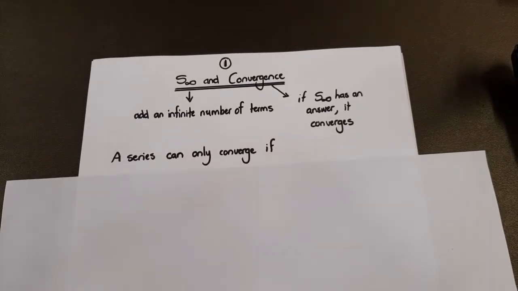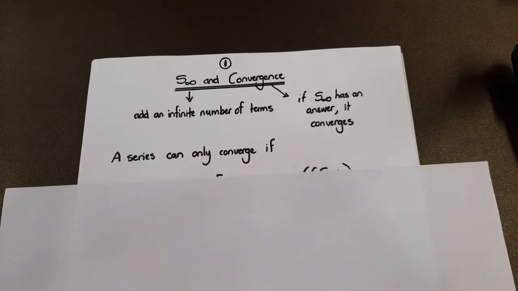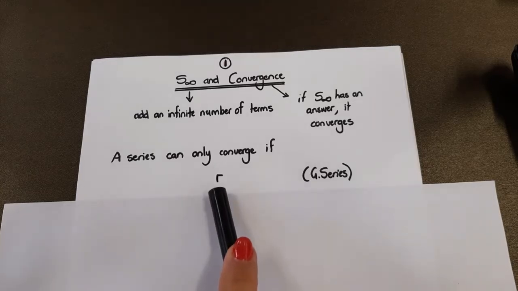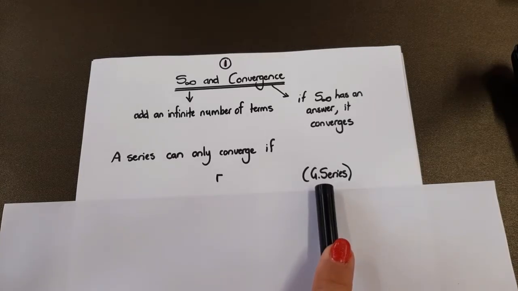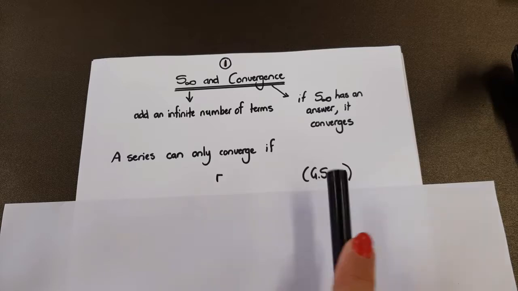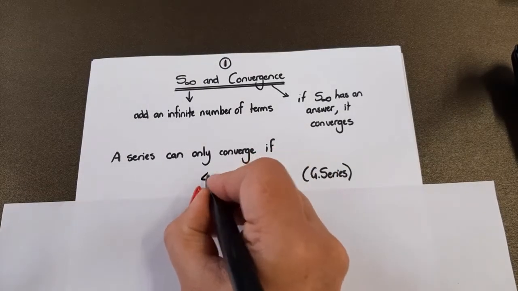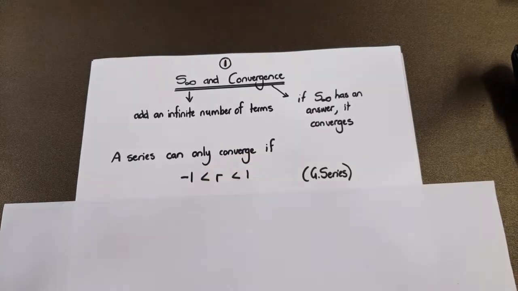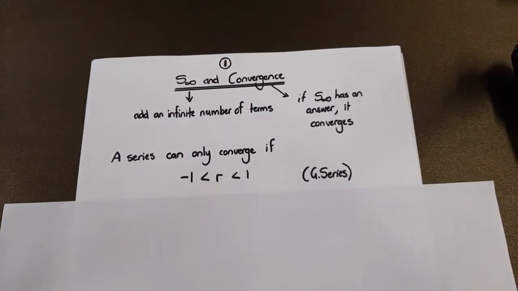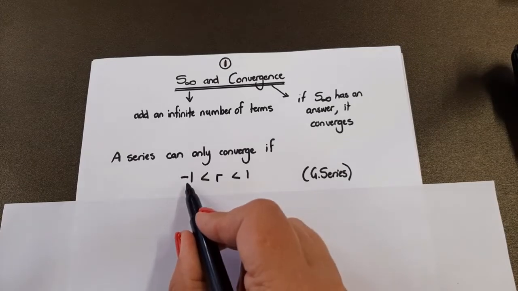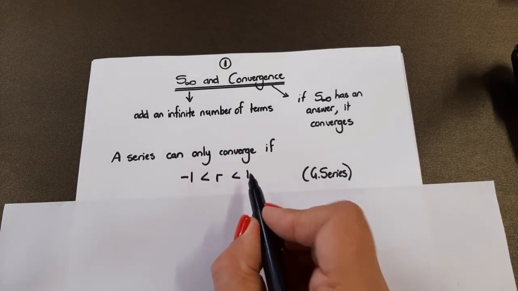And when can a series converge? It can only converge if r, now remember, r is from a geometrical series, not arithmetic, lies between 1 and -1. In other words, r must be a fraction between -1 and 1.